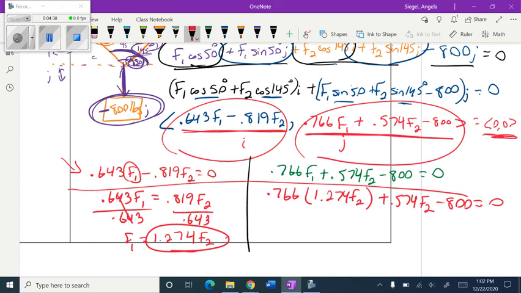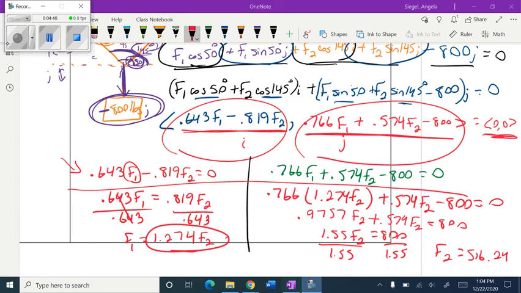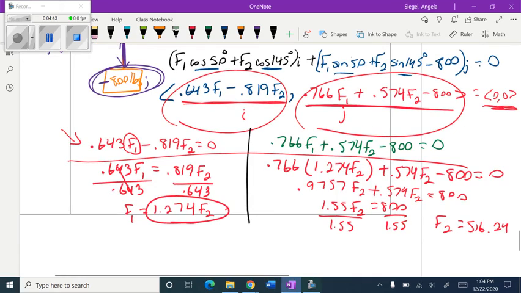So I'm just going to really clean this up. So I ended up with F2 equals 516.24 pounds. I did not round, but if you round to 1.55, you'll get 516.13. So there's some wiggle room there.